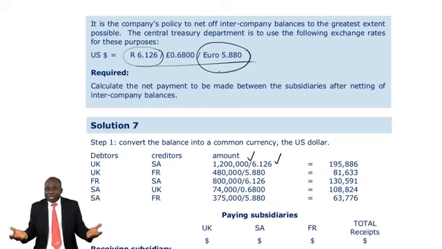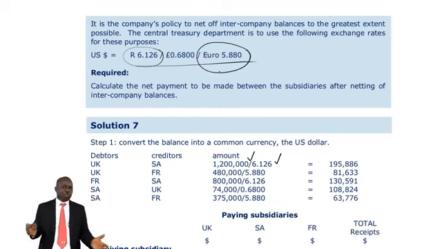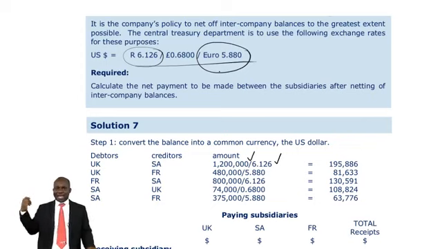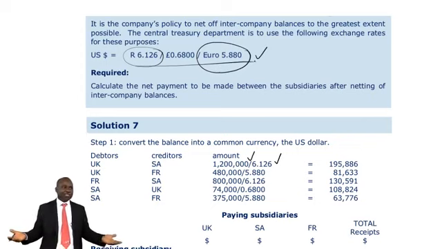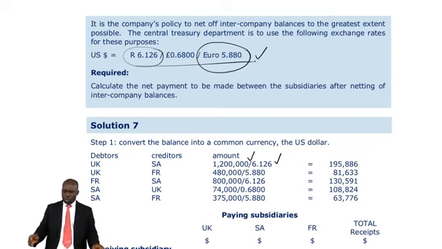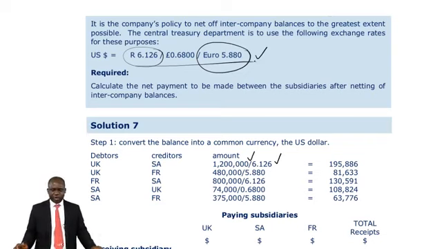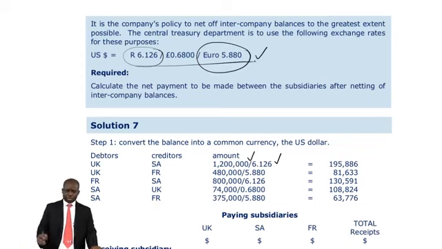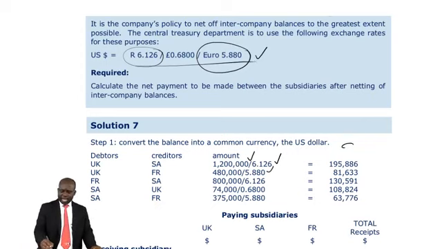Don't question the question. That's what I normally say. Don't go to the exam room with your own question. We all appreciate that the euro to the dollar outside currently in the market is not this rate, but that is what the question says, so that is what you have to follow. So it's 5.88 euro to $1. You divide by that and you get these in dollars.